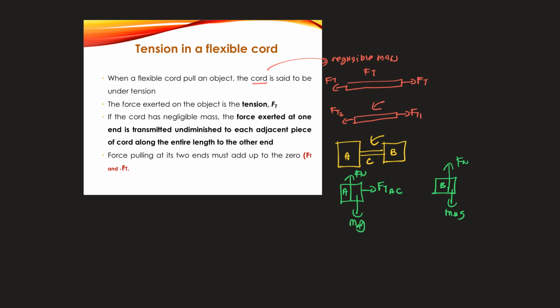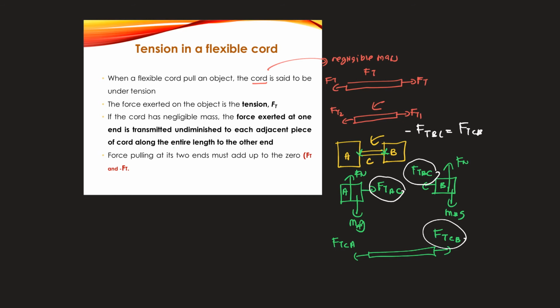Then you have the cord that has a mass, so you put a tensional force on B from the cord. Because the cord has a mass, you can assume it's like another object, which means that on this side it applies force FTCA to object A, and on this side the tensional force FTCB is applied from C to B. Then FTBC, which is negative because it moves to the left, equals FTCB, by Newton's third law. And FTAC equals FTCA.